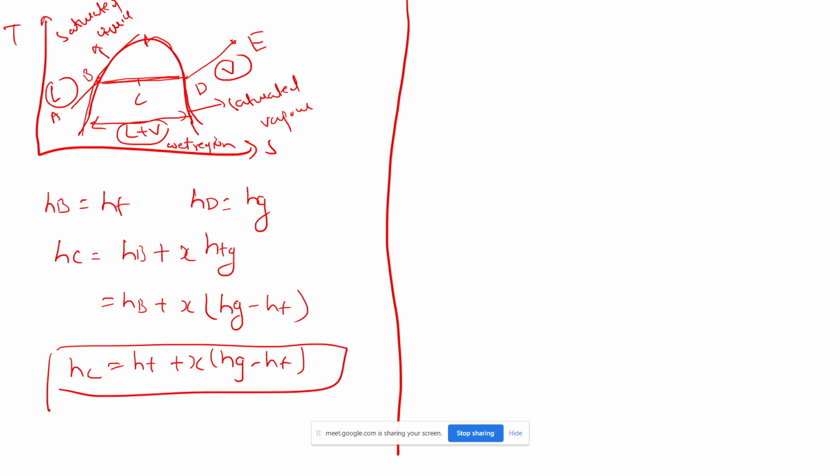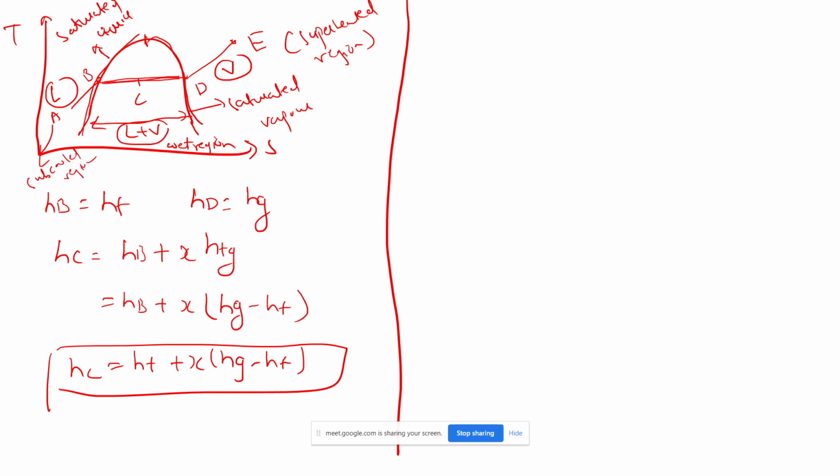Similarly, for point E, how can we write? Because it is in the superheated region, and this point A is in the subcooled region.